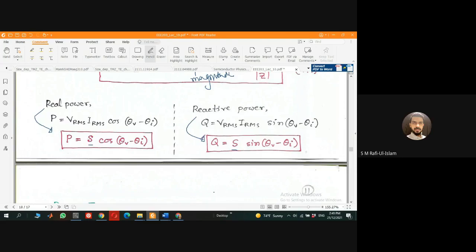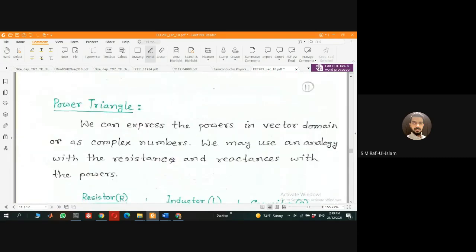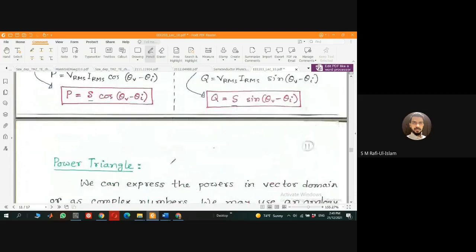But reactive power, depending on whether theta i is greater than theta v or less than theta v, can be positive or negative. Later on we will discuss it in detail.